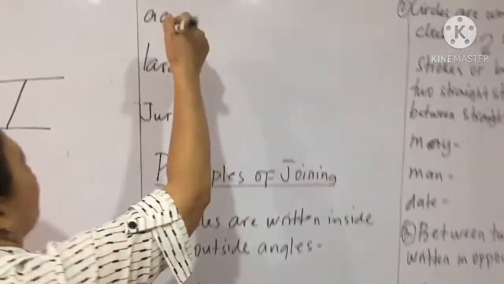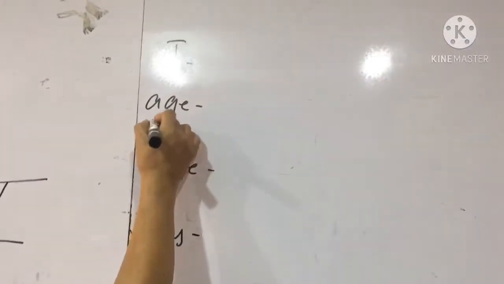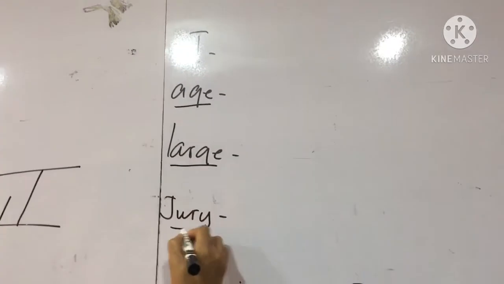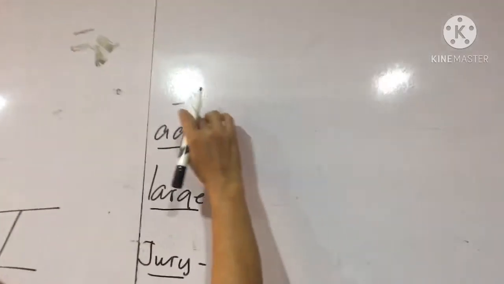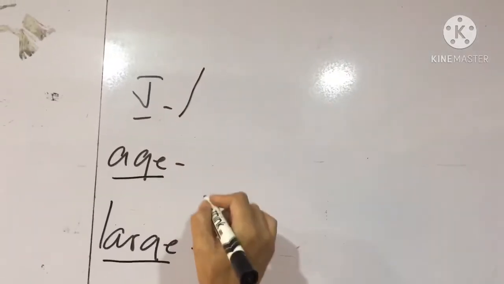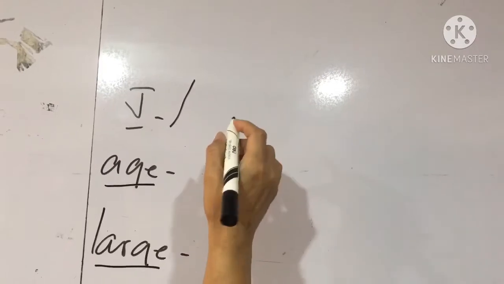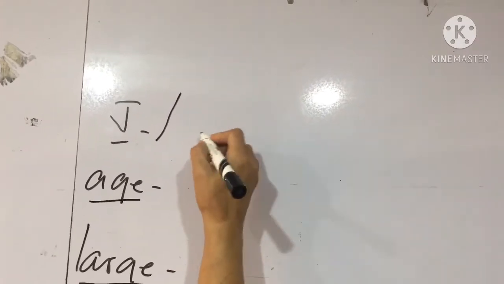For the J, how are you going to read this one? Large, jury. That is the sound of J. So we have A. Since the letter J can occupy the whole space, we start writing the circle above the line.